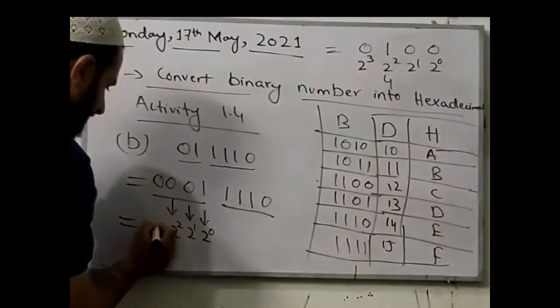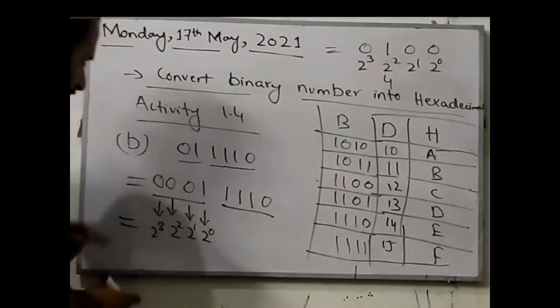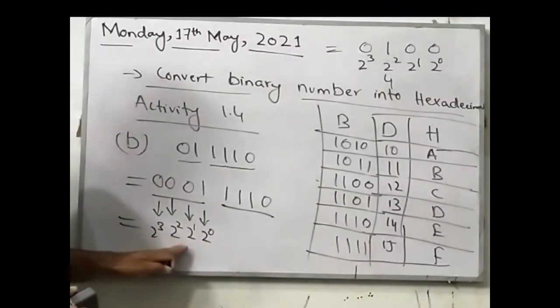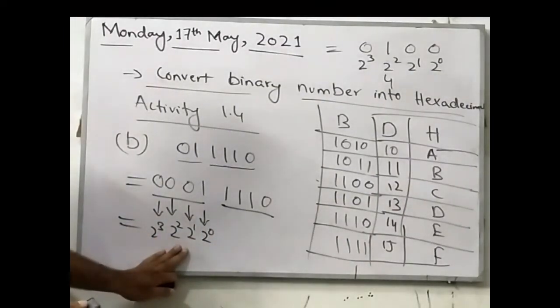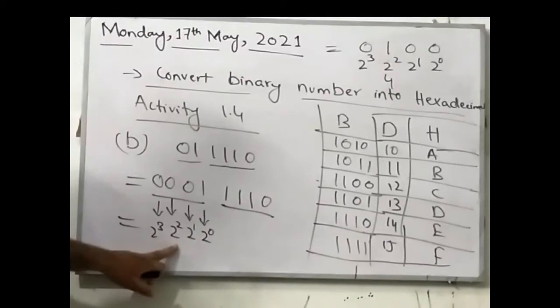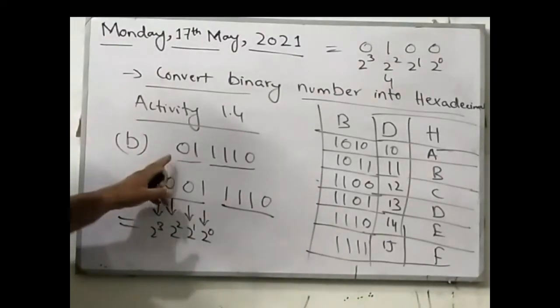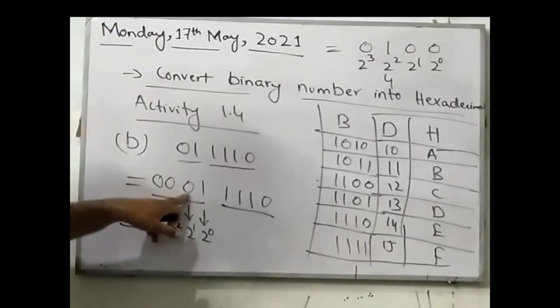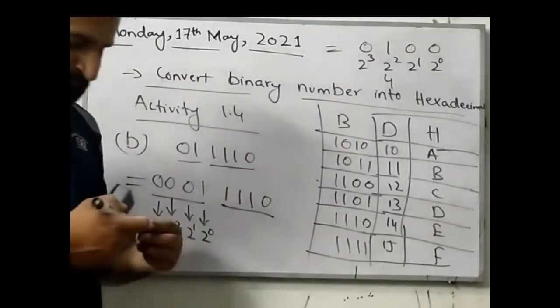Look here, whatever the values come from after multiplying these values, we will get 0. Why? Because 2 power 3 means 8. 8 multiplied 0 will give you 0. 2 power 2, 4. 4 multiplied 0 will give you 0. 2 power 1 means 2, and it multiply with this digit 0, it will give you 0.